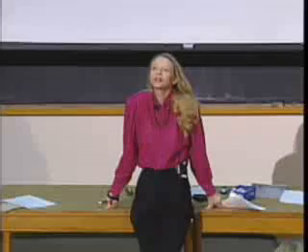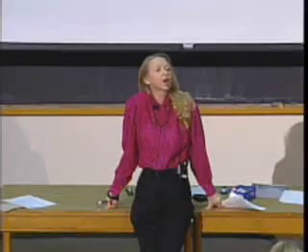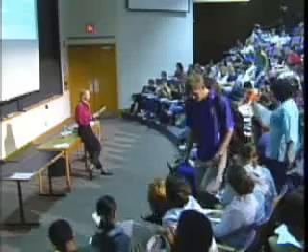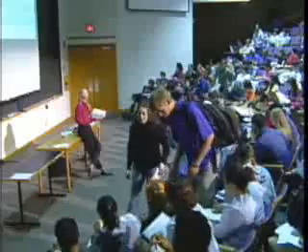Okay, so I'm going to start talking. We're going to talk about the periodic table and the trends in the properties along the periodic table. And of course, it's the electron configurations that allow us to understand the structure of the periodic table.